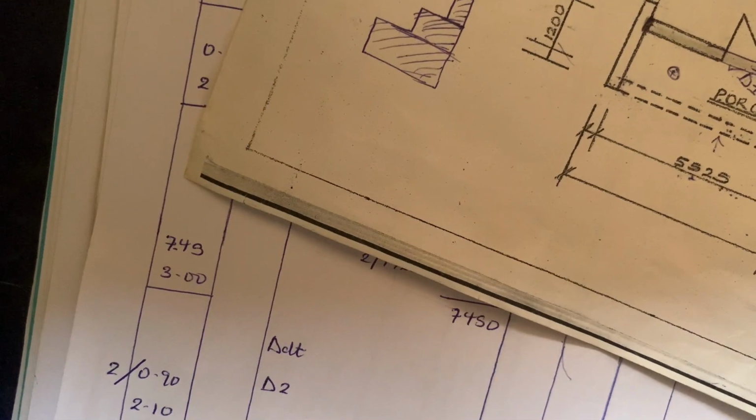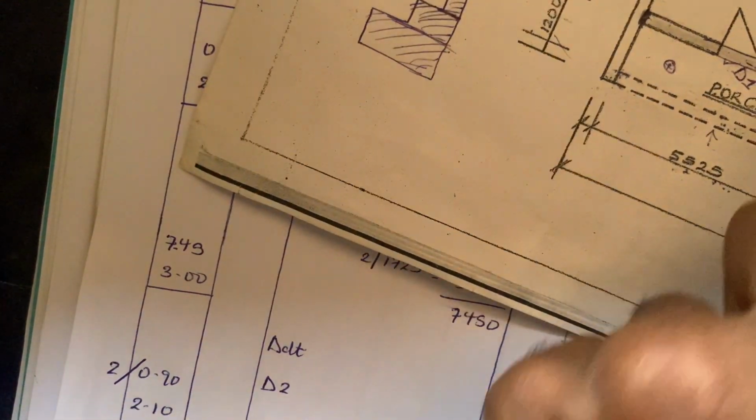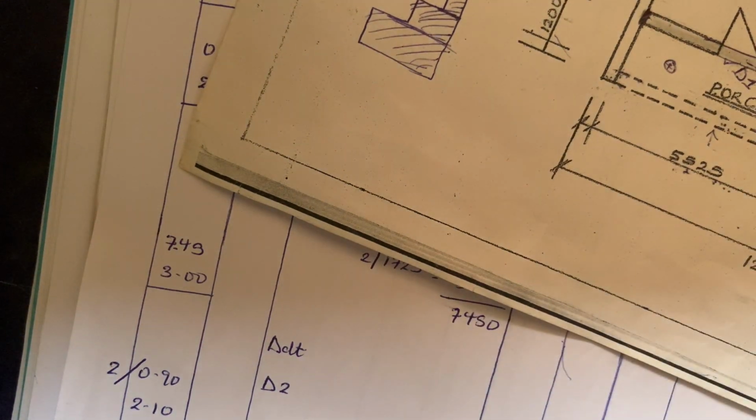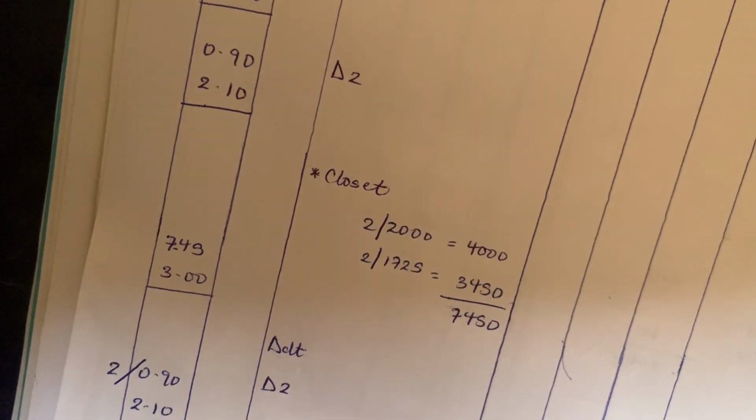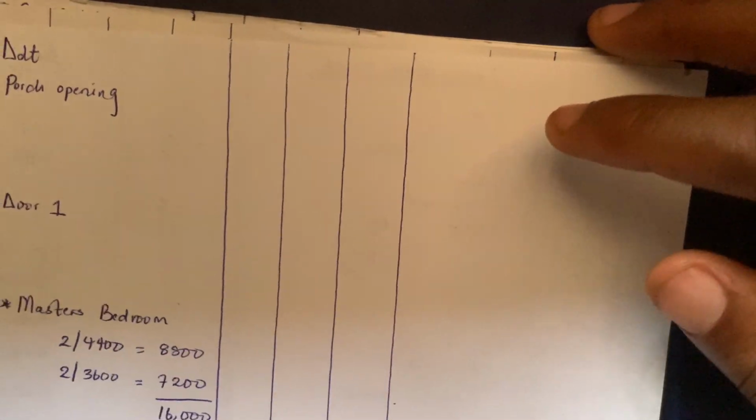Now the next thing we're going to be booking for would be bedroom 1 and 2. So we'll start with bedroom 2.